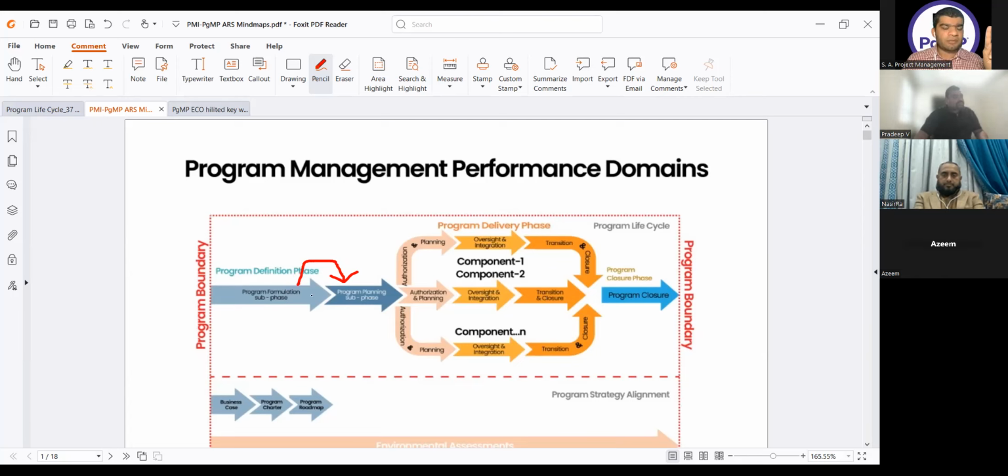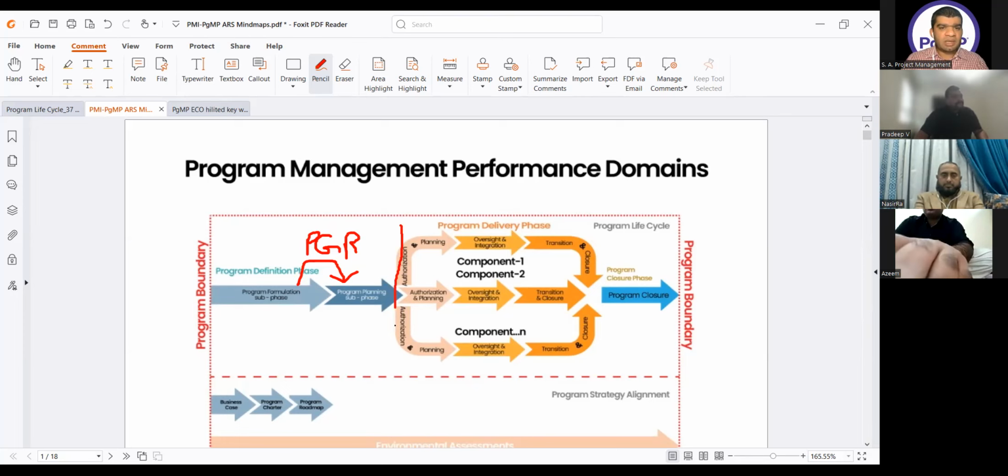Whenever you have to go from the program formulation phase to the planning phase, you need a phase gate review, and this is done by the steering committee. In other words, it means approval from the steering committee. When you close the program definition phase and go to the program delivery phase, again phase gate review.